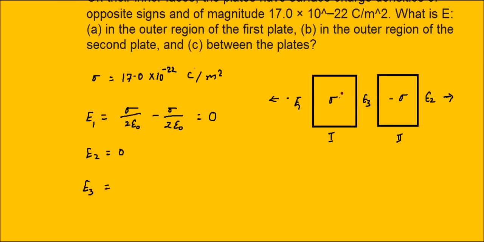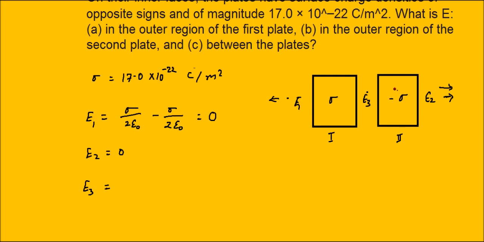But in between the two plates, E3 will be, due to the first plate, the electric field in this direction, because if we place a positive test charge in between the two plates, the first plate is positively charged, so the electric field at this point will be in this direction.